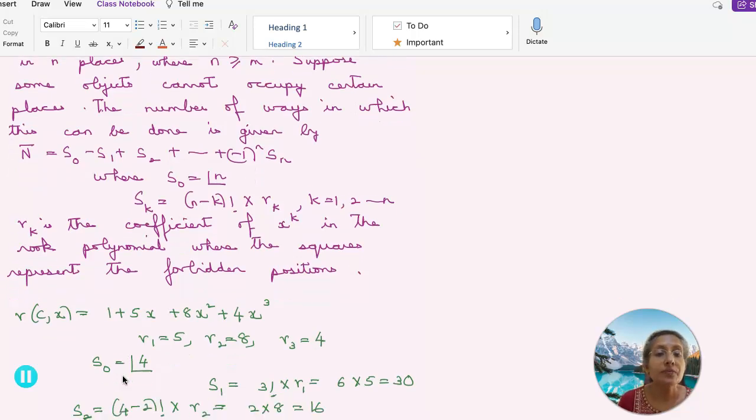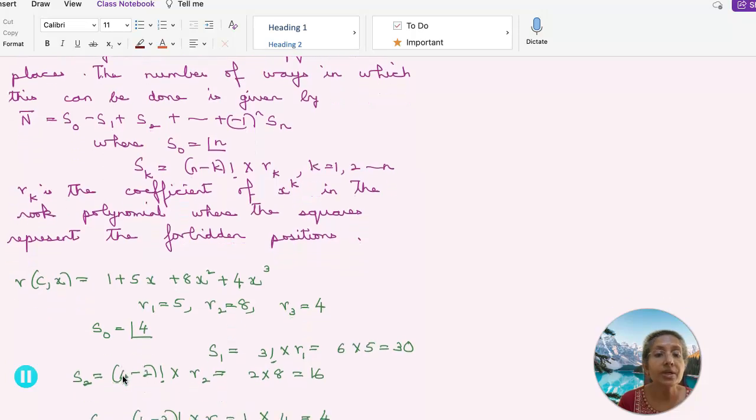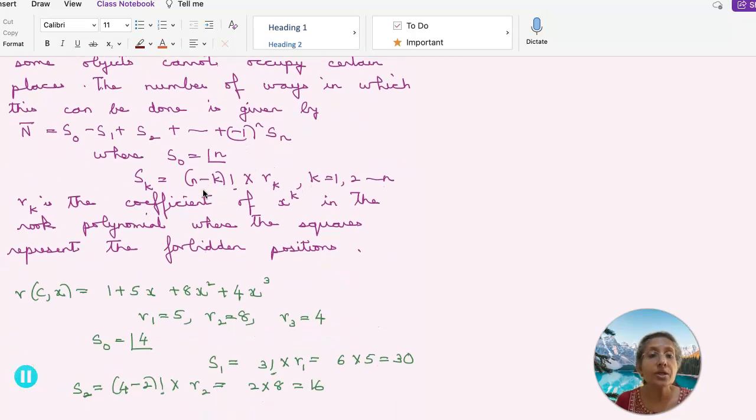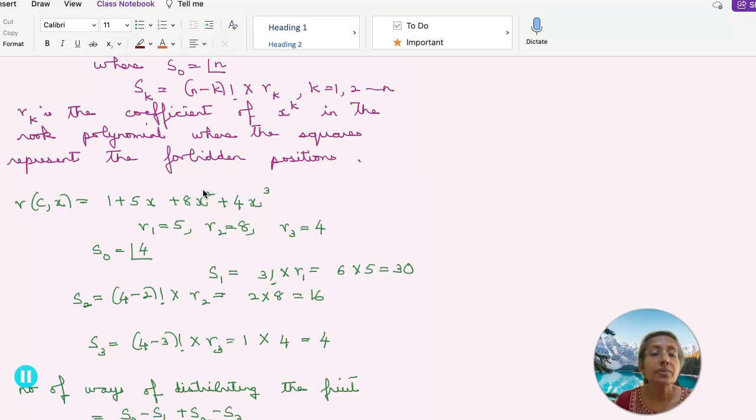So coming to this question, we have R_C(x) is 1 plus 5x plus 8x squared plus 4x cubed. This is what we just calculated for the above problem. So what is r1? r1 is 5, r2 is 8 and r3 is 4. Now s0 is n factorial. What is n here? n is the number of places, so the number of boys, which is 4. So s0 is 4 factorial. s1 will be (n minus k) factorial, that is 4 minus 1, 3 factorial into r1, which is 6 into 5, 30.